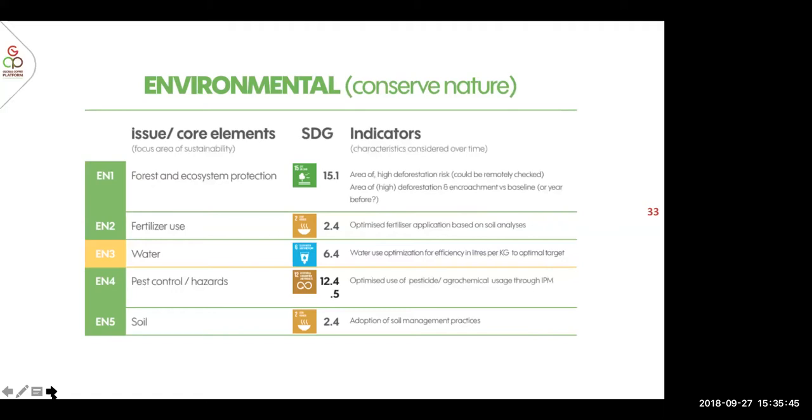Particularly for these, we are looking at deforestation, the optimized use of fertilizer based on soil analysis, and water efficiency, whether in irrigation or in processing water for those that wet process their coffee.